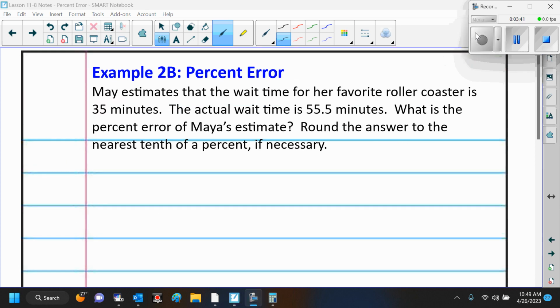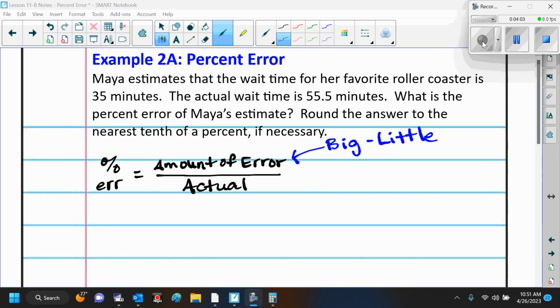So here we have another percent error. It says Maya estimates that the wait time for her favorite roller coaster is 35 minutes. The actual wait time is 55.5 minutes. What is the percent error of Maya's estimate? Round the answer to the nearest tenth of a percent if necessary. All right, what is important here? What is the estimate?